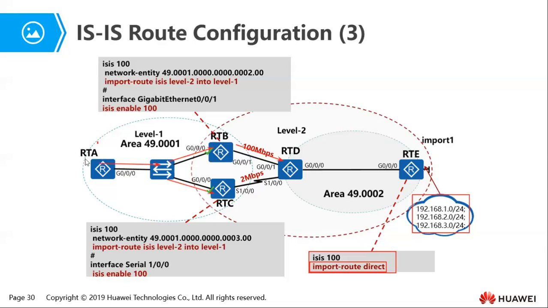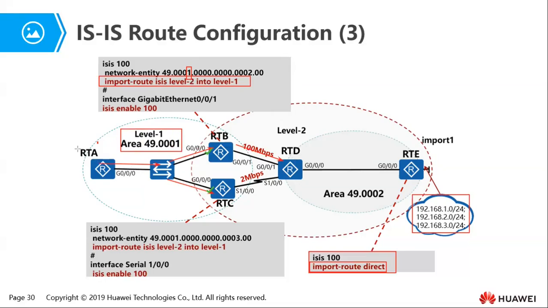But if we want RTA to be aware of the cost from itself to, for example, RTD, we need to do an import. So if we go to RTB, then we go to area 1 and use the import command: import-route isis level-2 into level-1. What we are simply doing is importing the level 2 routes into this area.